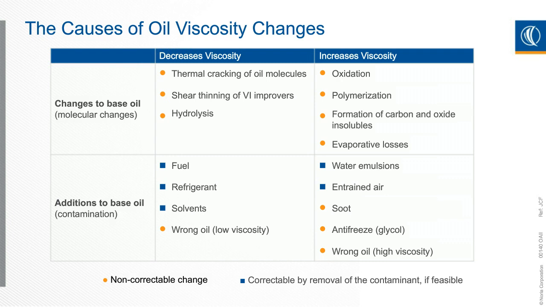Things that could be added to the oil to cause a decrease would be something like fuel, refrigerants, and solvents. These things are thinner than the oil itself typically and will cause the viscosity to go down. And even the wrong oil. Wrong oil could be the viscosity of the incorrect oil that was topped up in there. Could be a lower viscosity or a higher viscosity. So that's one that you don't know which one it is.